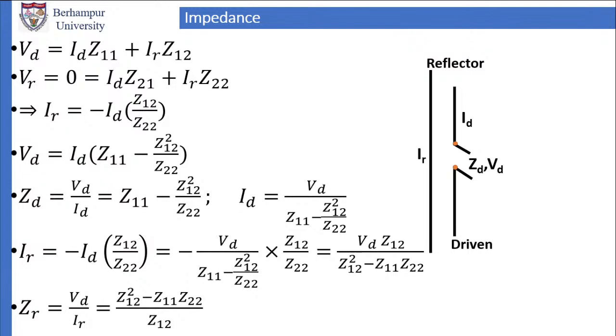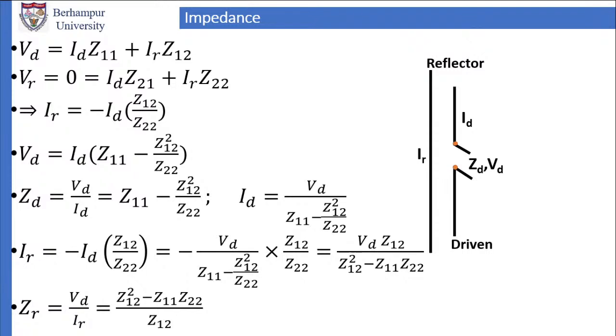Now put IR in Vd. So Vd is equal to Id, taking Id common, Id into Z11 minus Z12 square divided by Z22. Now what will be Zd? Zd is the impedance of the dipole, so Zd is equal to Vd by Id.